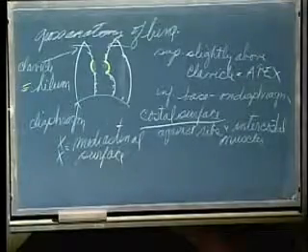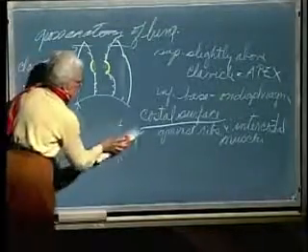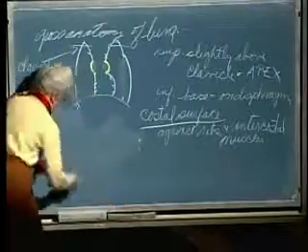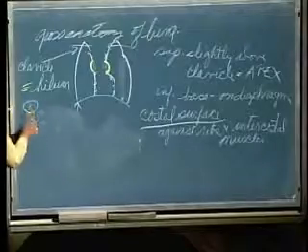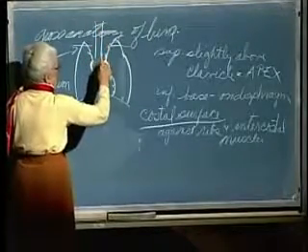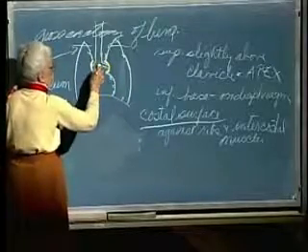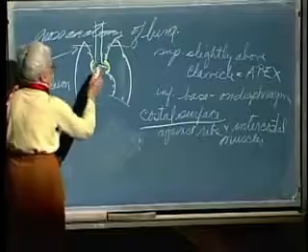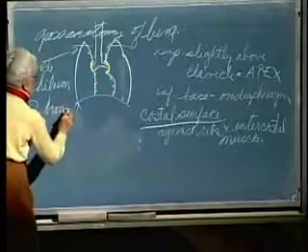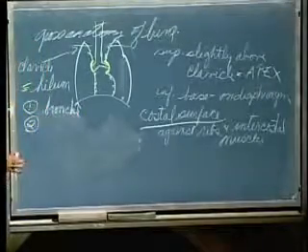And we'll find three structures here that are entering and exiting the hilum. First, we'll have the bronchi, because we've got the trachea coming down and giving off bronchi. So one will be bronchi. Two will be the pulmonary vessels.